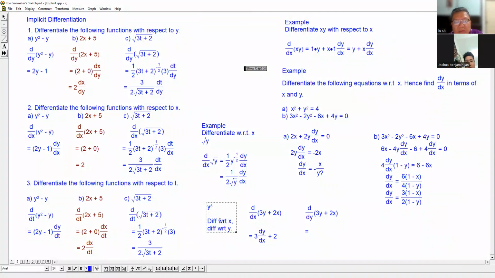You show me how to differentiate with respect to x and how to differentiate with respect to y.